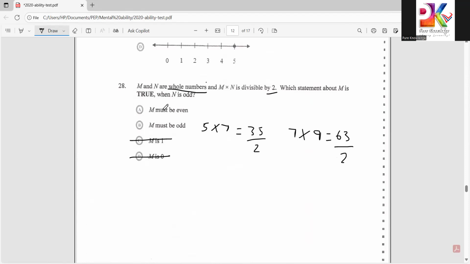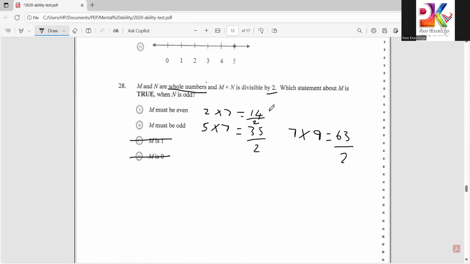So let's try when M is even. Let's try 2 times the same 7. That's 14. And 14 divided by 2 can be divided. That is 7.